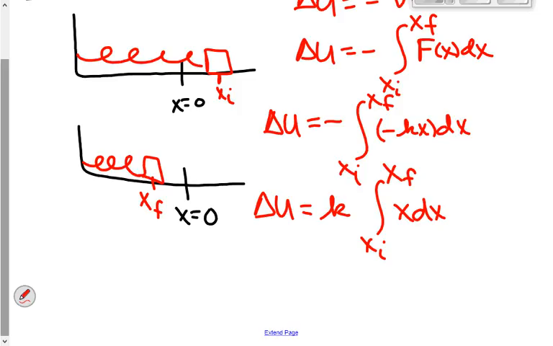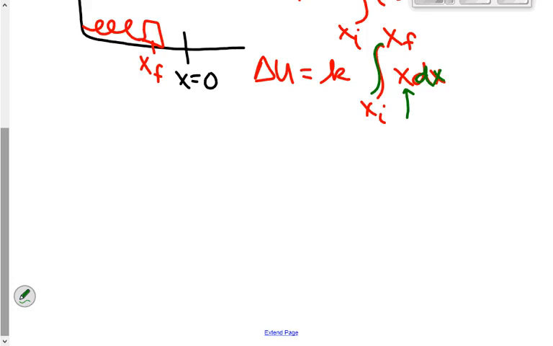Now remember, the integral symbol and the dx are like bookmarks, okay? Or bookends. And they tell you that the thing in the middle is what you're supposed to take the antiderivative of. So remember that this x is really x to the 1. So when we take the antiderivative of x to the 1, what do we get? 1/2 x squared.